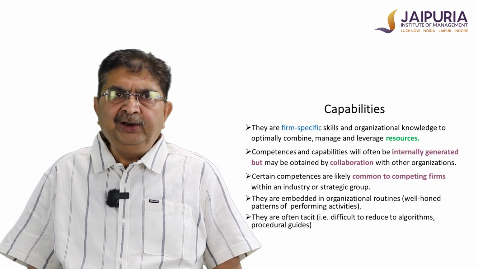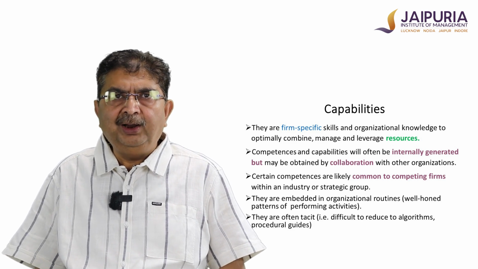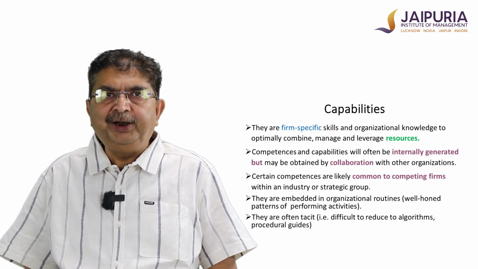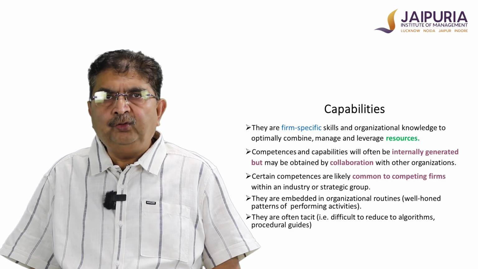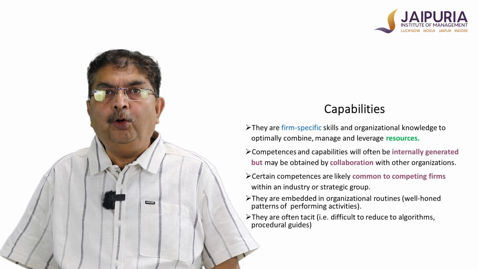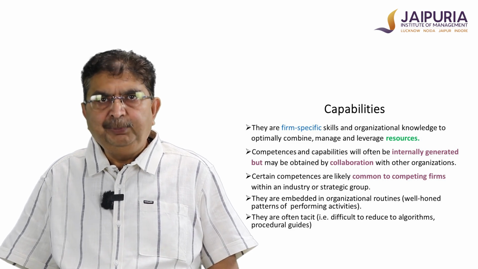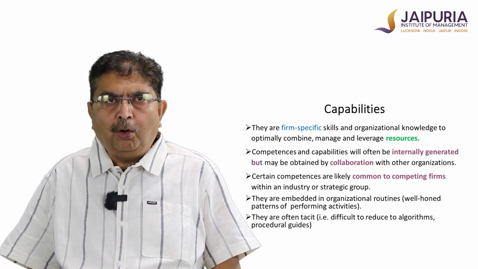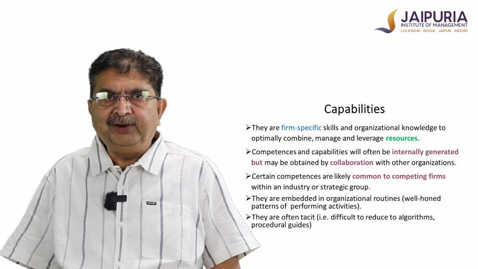Okay. Then certain competencies are quite likely common to competing firms within an industry or a strategic group. Then they are embedded in organizational routines, which means that they are well-honed patterns of performing the activities.